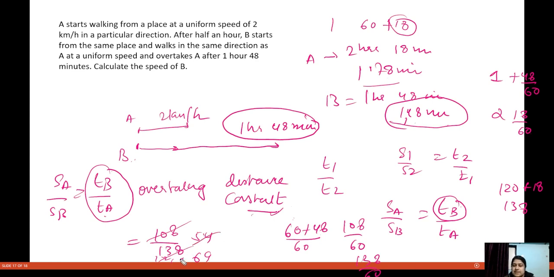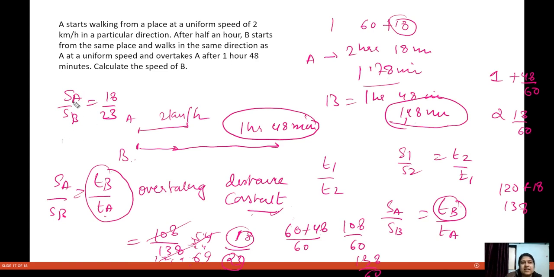Let us divide this by 3. 3 ones are 3, and 3 eights are 24, so this becomes 23. So you have the ratio 18 by 23. So SA by SB is equal to 18 by 23.